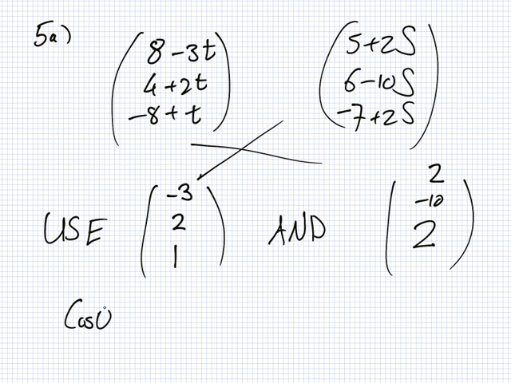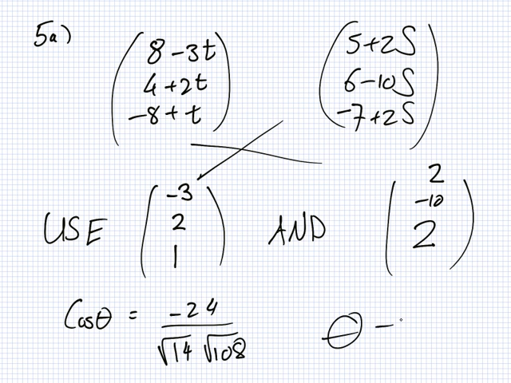Cos theta equals the dot product: minus 6, minus 26, plus 2, minus 24, over the magnitude, 9, 10, 14, for 108. So, easy peasy. You've got the theta.